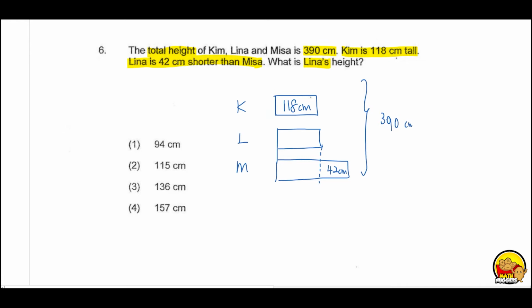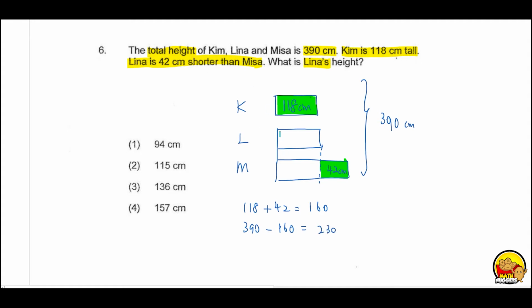So first thing I need to do, take away the parts that we know. Okay, so I'm going to add the extra parts up, which is the green color part, 118 plus 42, that gives me 160. Take the total, 390, minus the extra parts, we get 230.